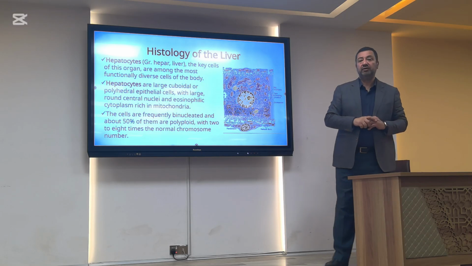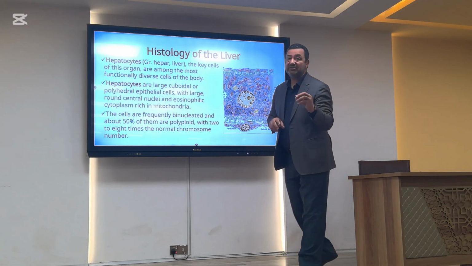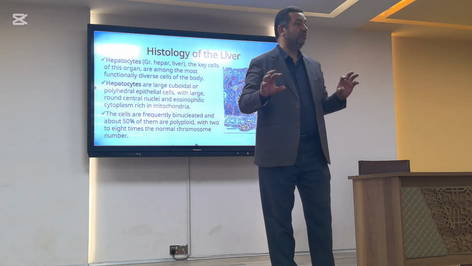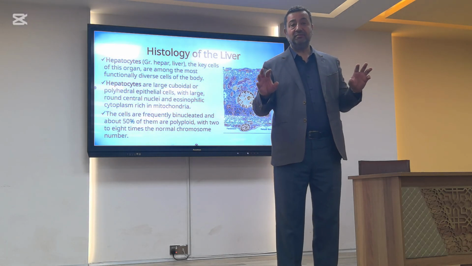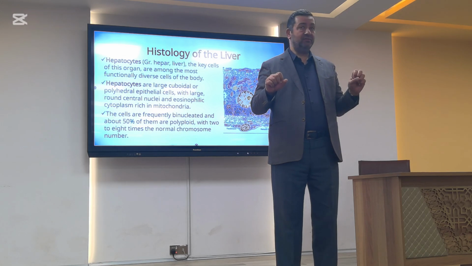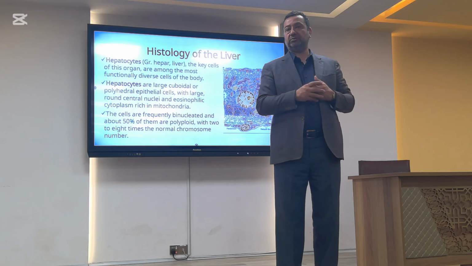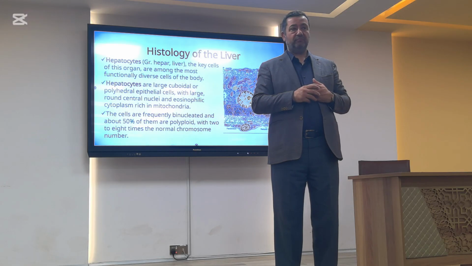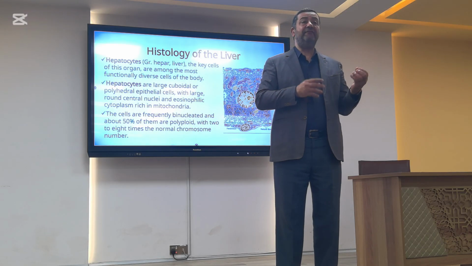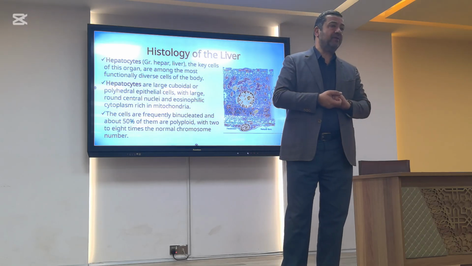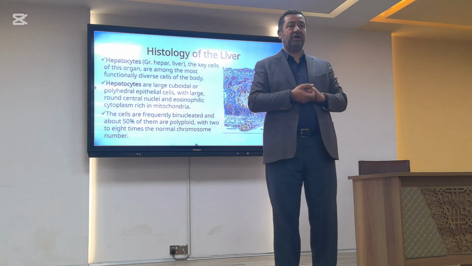If I ask you which organ has exocrine and endocrine functions? Pancreas. Pancreas has exocrine part and endocrine part. But if I ask you which cell has exocrine and endocrine functions, you answer me, hepatocytes.